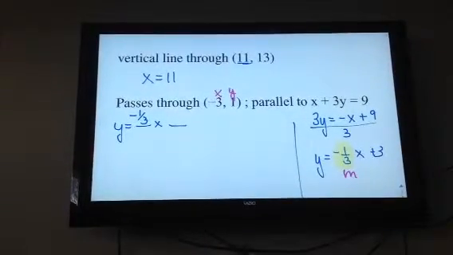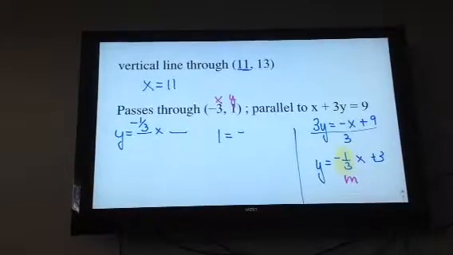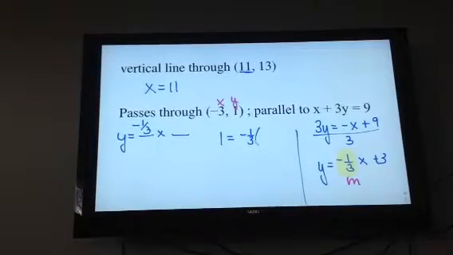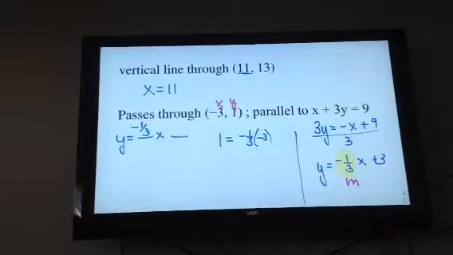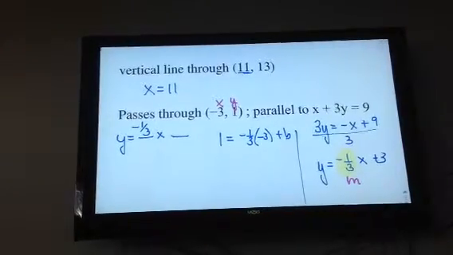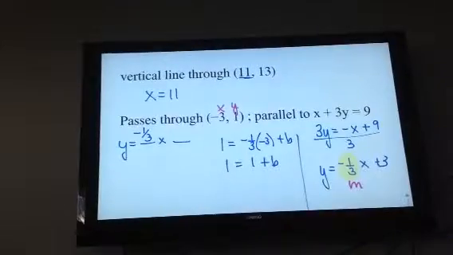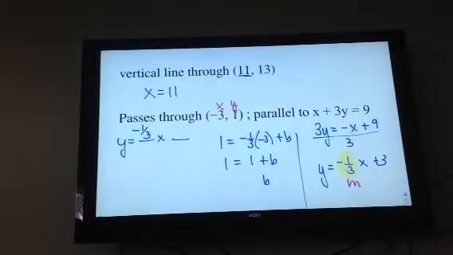So y, which is 1, equals m, which is negative 1/3, times x, which is negative 3, plus b. So 1 equals 1 plus b. Subtract 1 and b is 0.